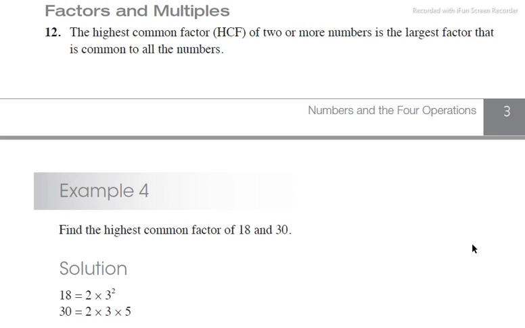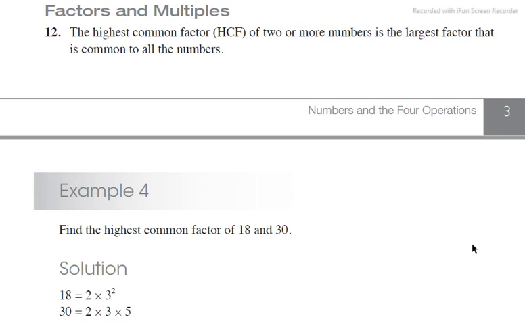Now we are going to look at the highest common factor of 2 or more numbers. It means the largest factor that is common to all the numbers. For instance, if we look at 8 and 12, we are going to look for the highest common factor of 8 and 12.